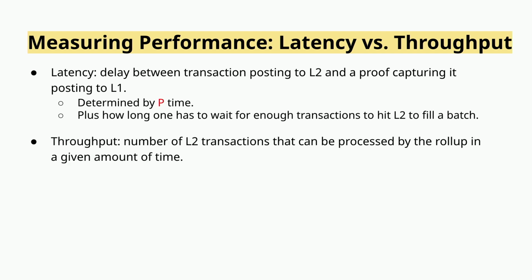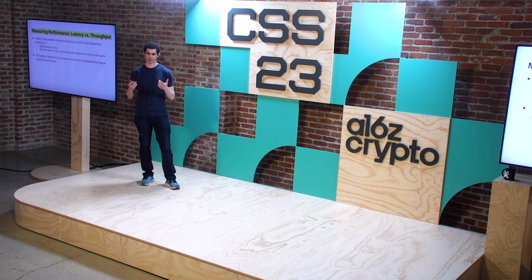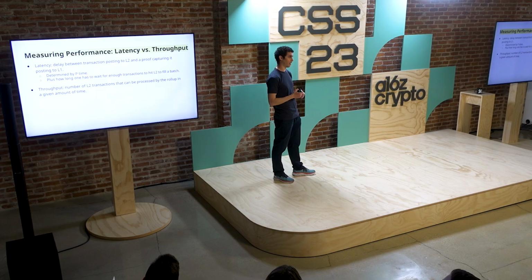But throughput is talking about the number of L2 transactions that can be processed in a given amount of time by the rollup. It's a little subtle how these differ. So I think when these projects are talking about processing thousands of transactions per second, the idea is that they would be continuously uploading proofs to the L1.